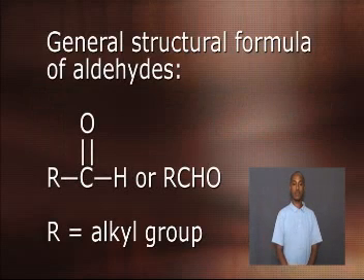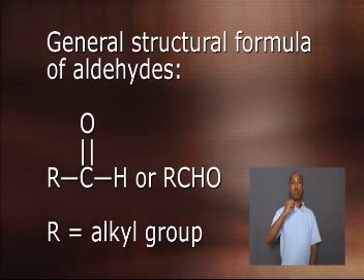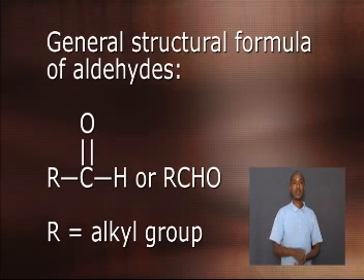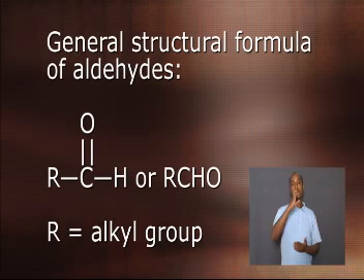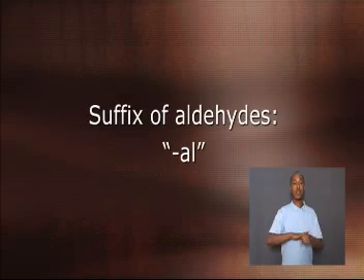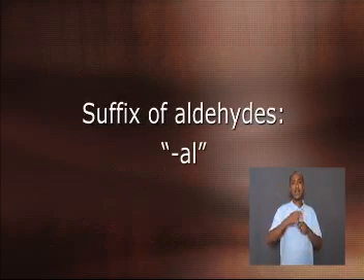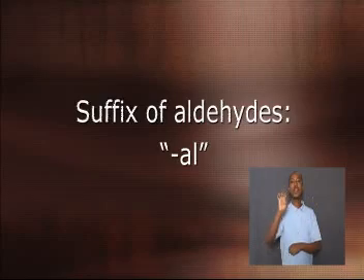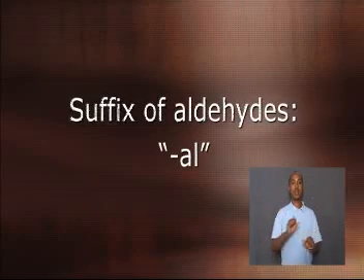Aldehydes are represented by the general structural formula you see here. They can also be expressed as RCHO. R, in this case, represents the alkyl group; R equals H in the case of the first member of the aldehyde series. In the nomenclature of aldehydes, we use the suffix -al instead of the suffix -e in the corresponding alkane name.